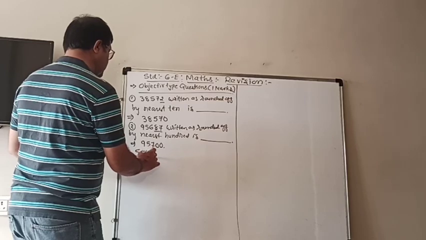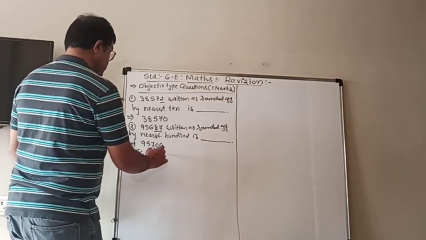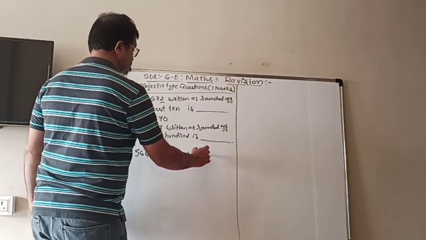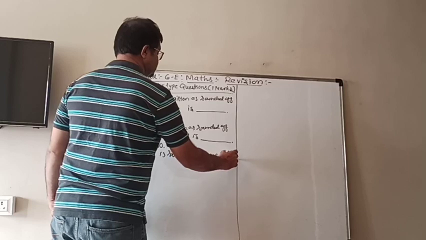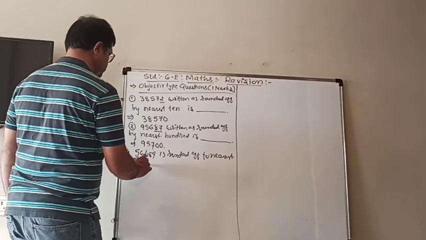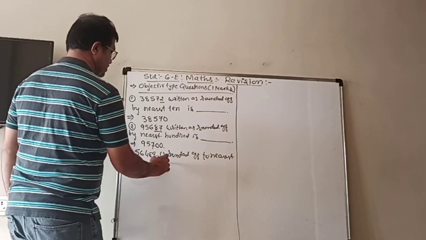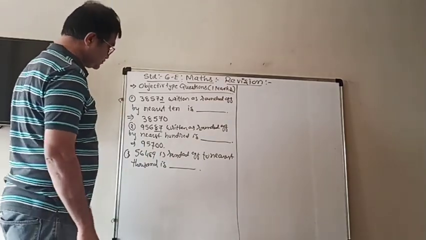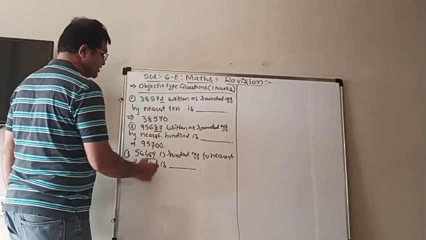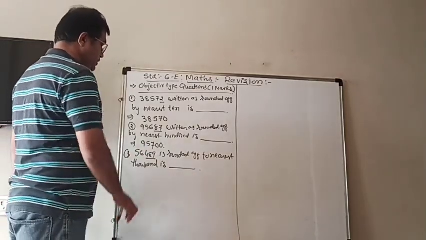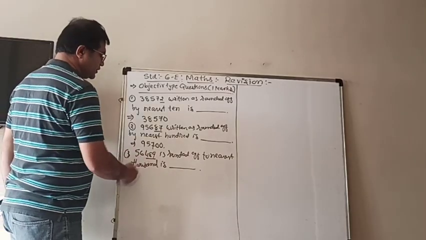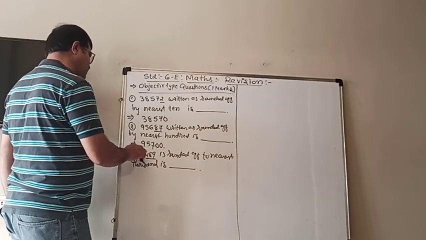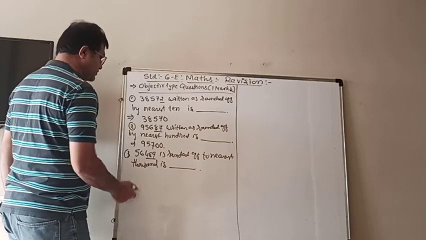56489 rounded off to nearest 1000 is. So now for nearest 1000, we have to check the last 3 digits, especially the 3rd digit from the right. If it is 5 or more than 5, add 1, otherwise all 3 will be 0.